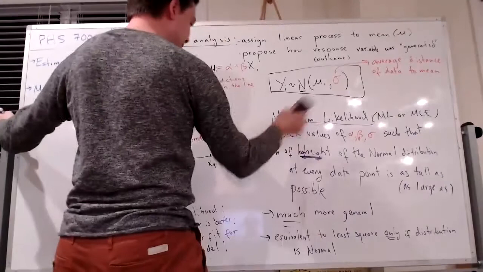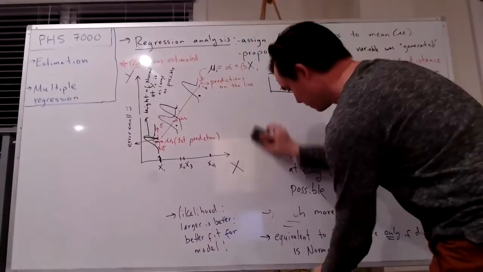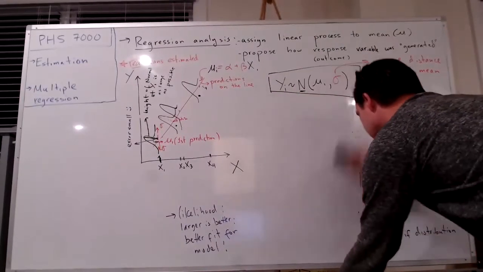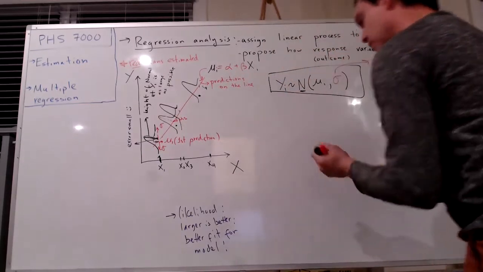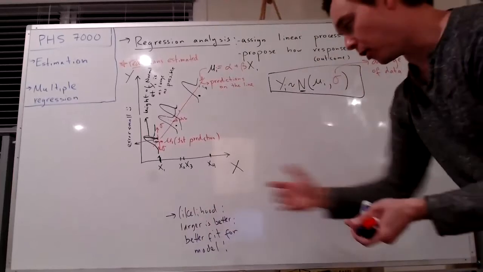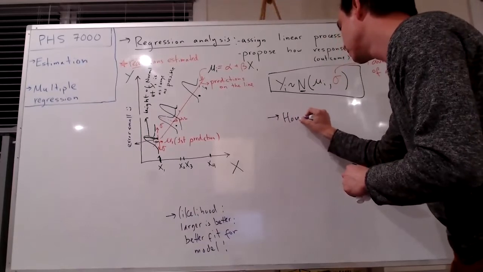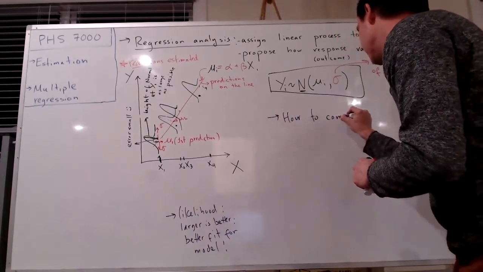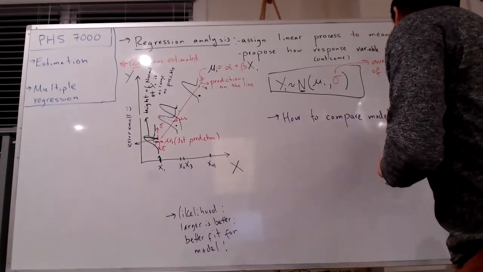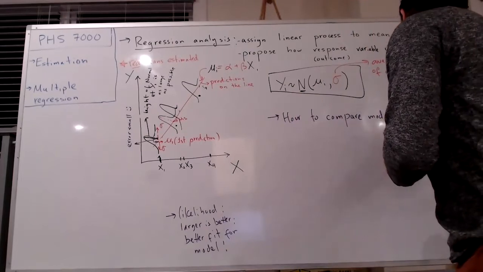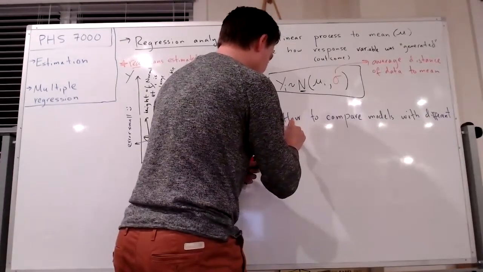So the question is, and it's tied to this maximum likelihood, given that with maximum likelihood, larger is better because it indicates better fit, how to compare models with different explanatory variables.